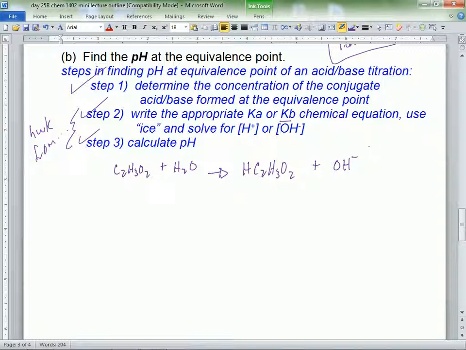And she just forgot the what? Do you see it? One little sign on something. The negative on the acetate. But notice that really doesn't affect your ICE table, but okay, now I have to do ICE. So Sabina, let's see if you remember how to fill out an ICE table here.